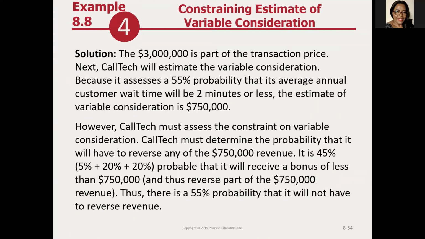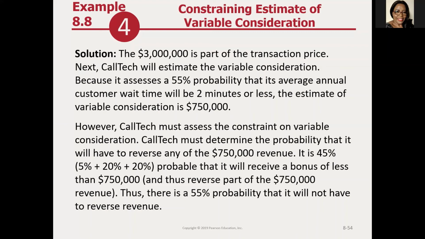However, Calltech must assess the constraint on variable consideration. Calltech must determine the probability that it will have to reverse any of the $750,000 revenue. It is 45% probable that it will receive a bonus of less than $750,000. So there is a 55% probability that it will not have to reverse revenue. It is 45% probable.